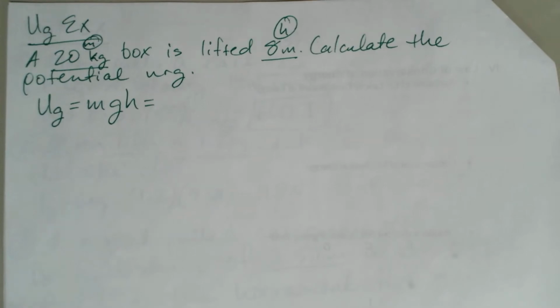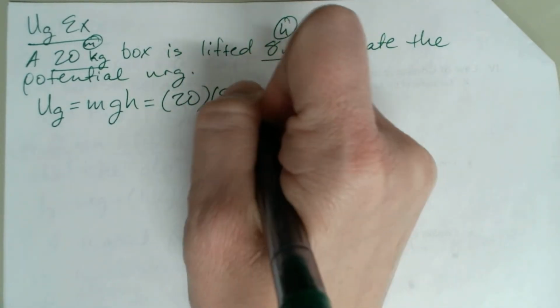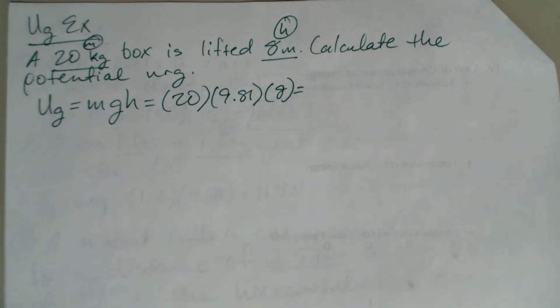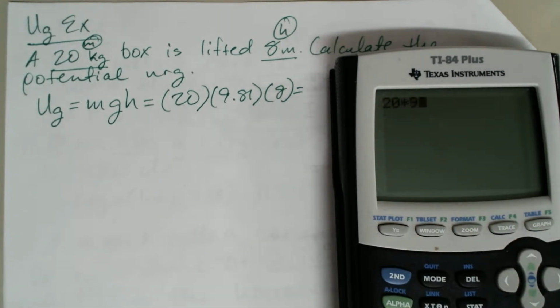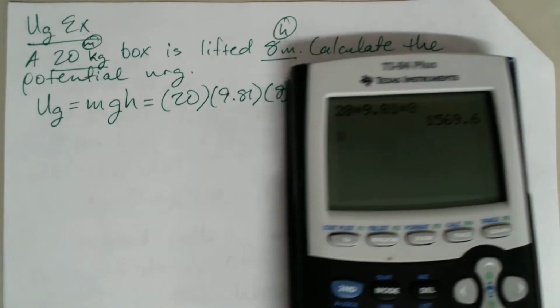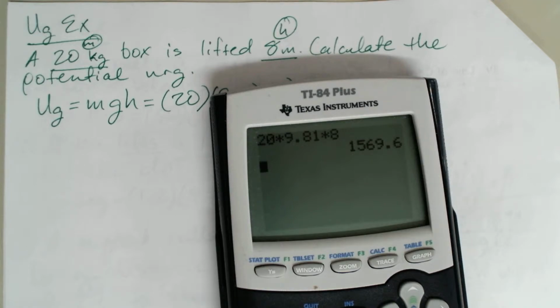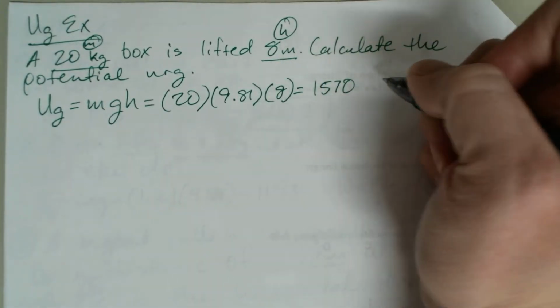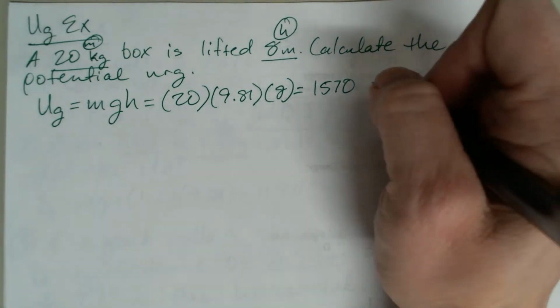So you just plug that in: 20 times 9.81 times 8. You can't really see that very well, but it's about 1570. And what is energy measured in? Joules.